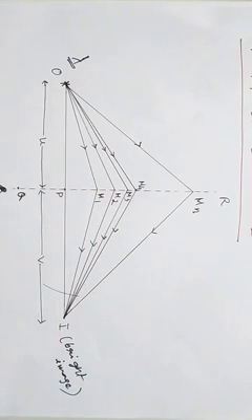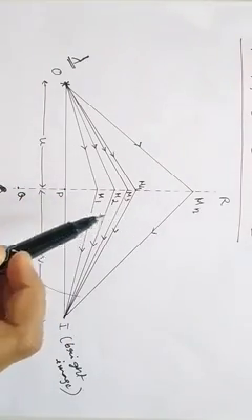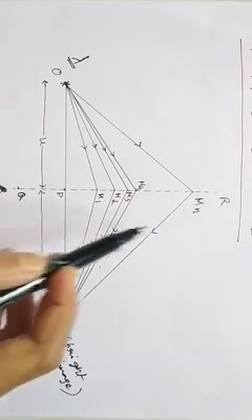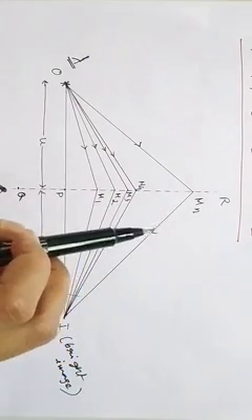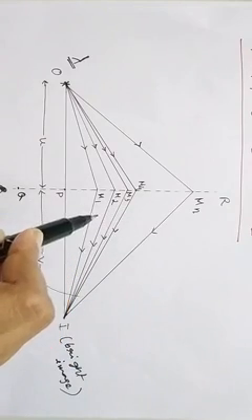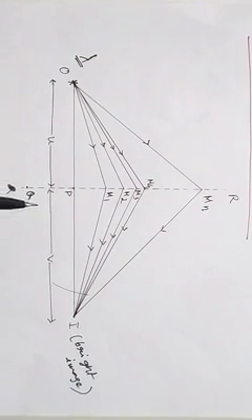Our aim is to determine the intensity of light at I due to the wavefront emerging from this source O. To do that, we will divide this plane RPQ, the wavefront, into various circular zones with their center at P.